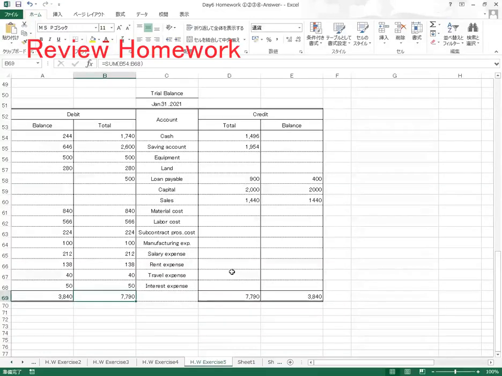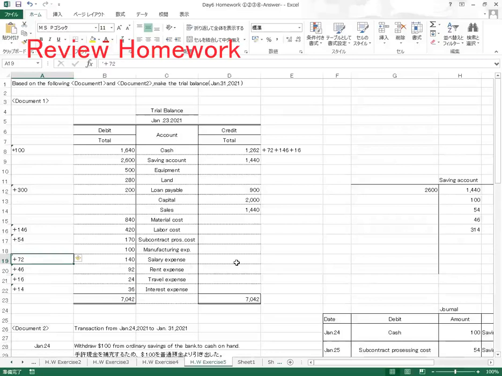Please check. So we have the trial balance till the 23rd. We use it as a T balance when we finish the journal entry. Just add the debit side and credit side of each account title. It is a much easier and much more precise way to solve these questions.